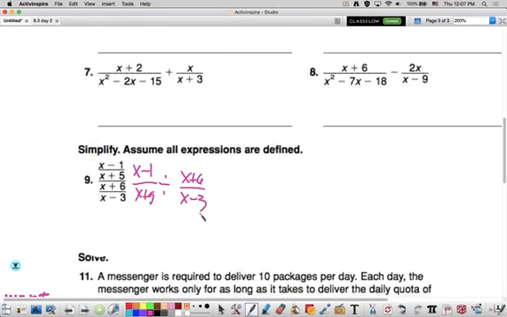But because you're dividing, you're going to have to do the reciprocal. Mhm. And then you multiply.